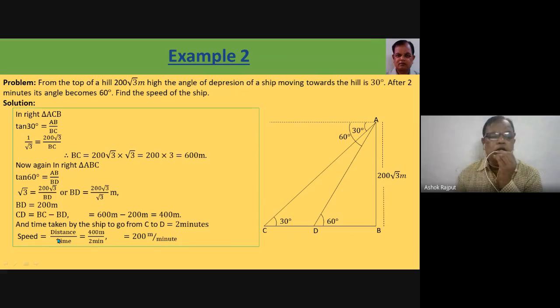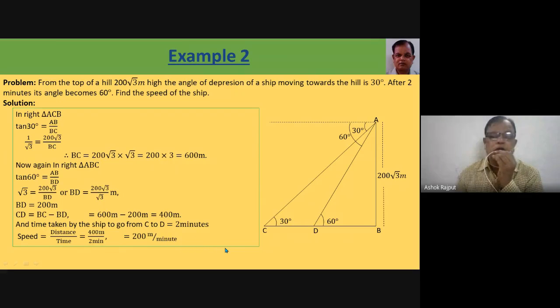The speed is distance upon time. Distance is 400 meter and time is 2 minutes. Therefore, speed is, we can cancel 2 into 4, 200 meter per minute is the speed of the ship.